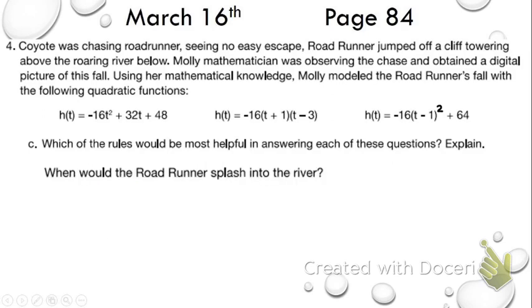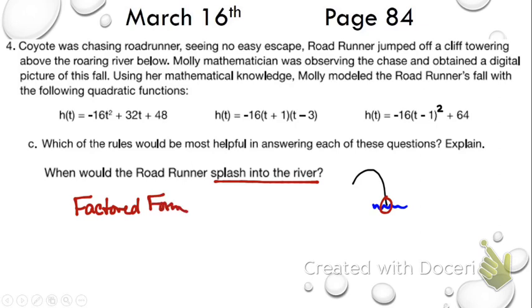What form would you use to figure out when he's going to splash into the river? Factored form, because it'd be doing this, right? What are the x-intercepts? -1, 0, positive 3, 0.